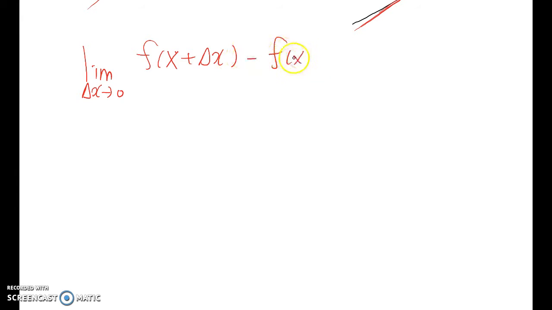So we can make the limit as Δx approaches 0. And then put in the slope formula, which is f(x + Δx) minus f(x) over Δx.